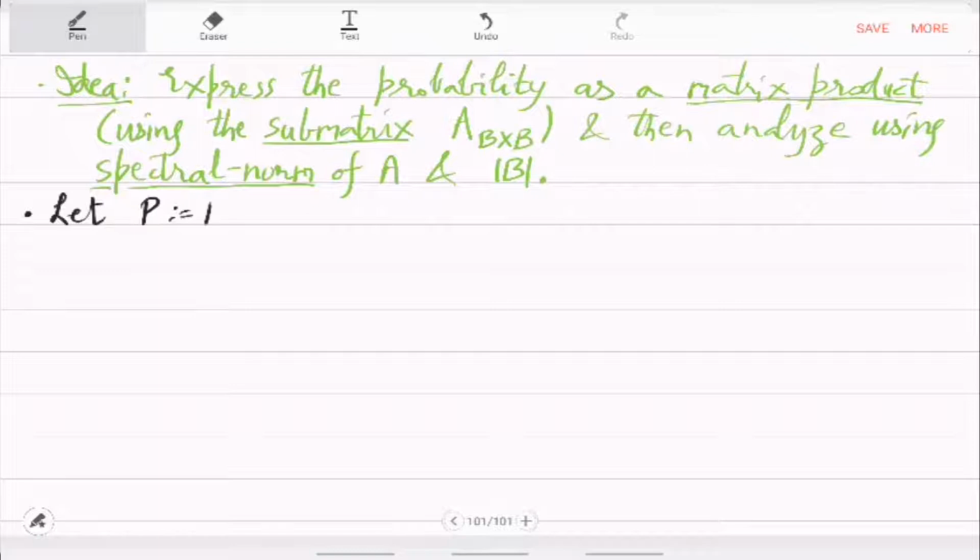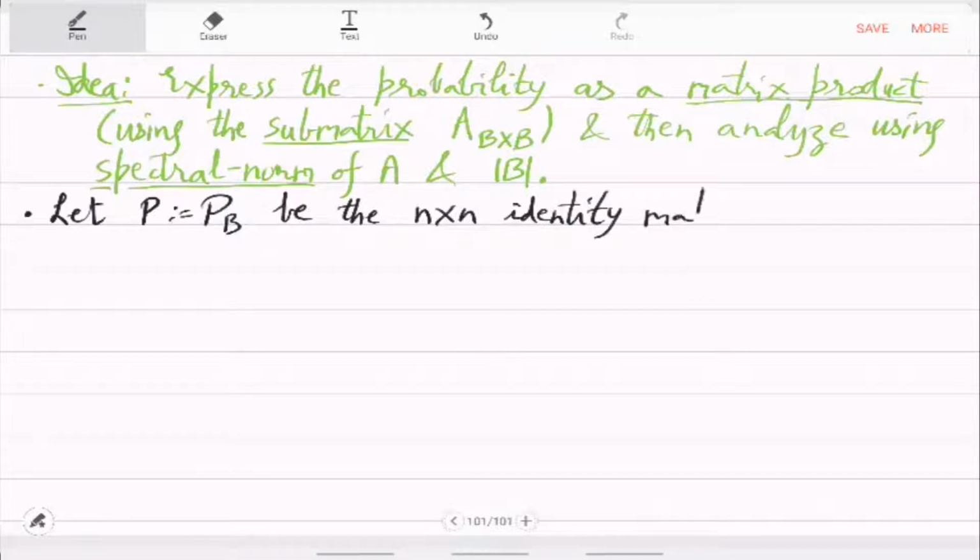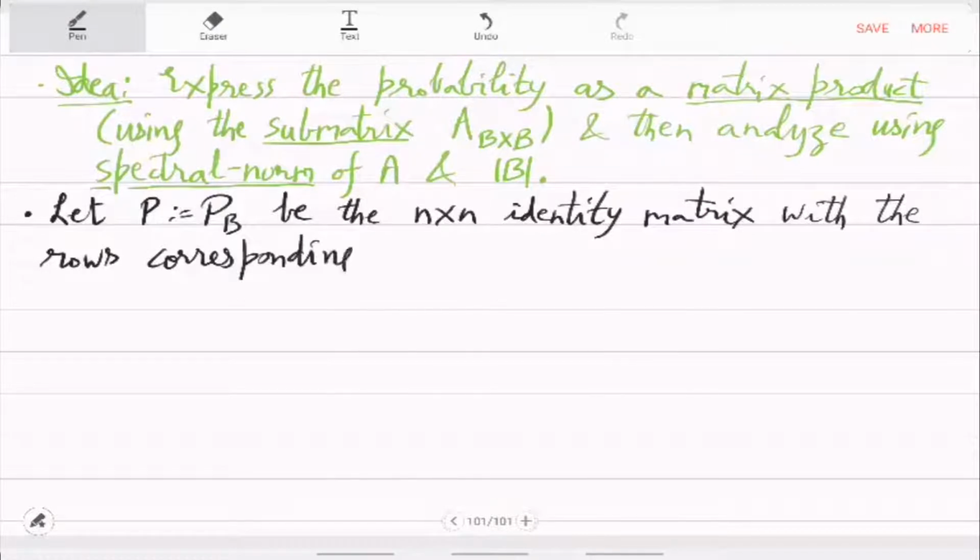So let P be the identity submatrix. Let it be the n cross n identity matrix with the rows corresponding to n minus b, which is b complement, set to 0.